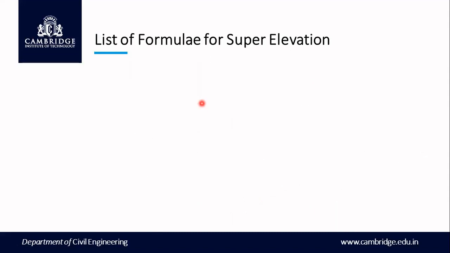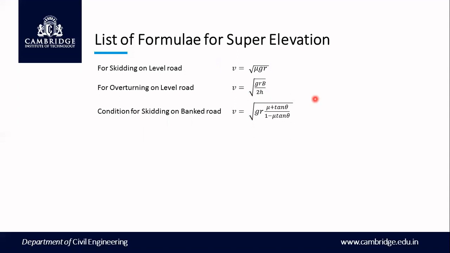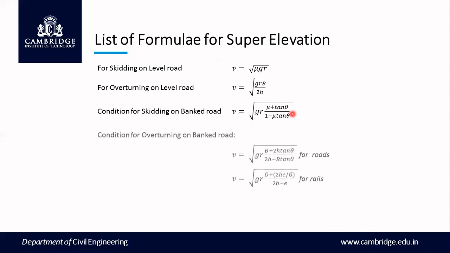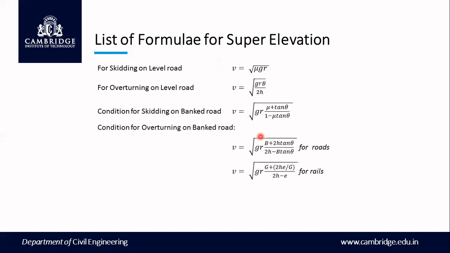So the formulas we learned until now, we have to remember for the problems that are coming further. For skidding on level road, we have the condition V is equal to root of mu GR. And for overturning on level road, we have V is equal to root of GRB by 2H. Then the conditions for skidding on banked road, and for overturning on banked road, for roads, and these are for railways.